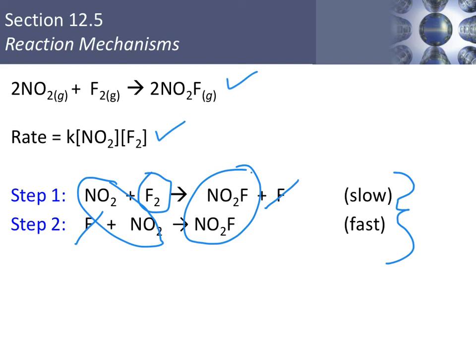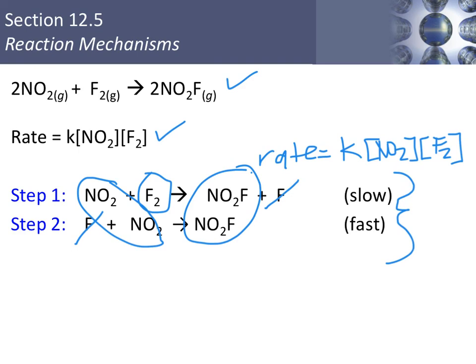The other criteria is to see if the rate determining step, its rate law, matches the overall rate law for the given reaction. So step 1 is the slow step, that's our rate determining step. And if we're going to write the rate law based on its molecularity, we get, this is two different reactants, so it is bimolecular.